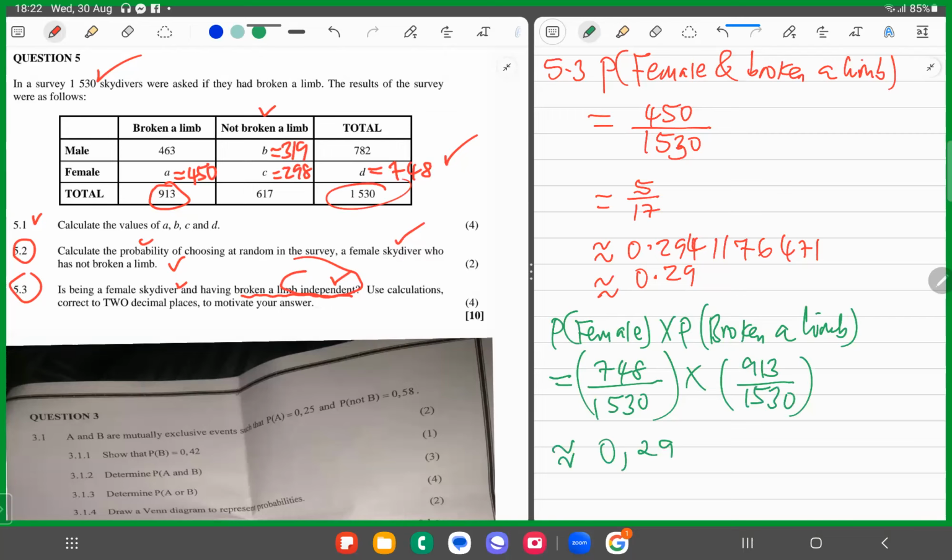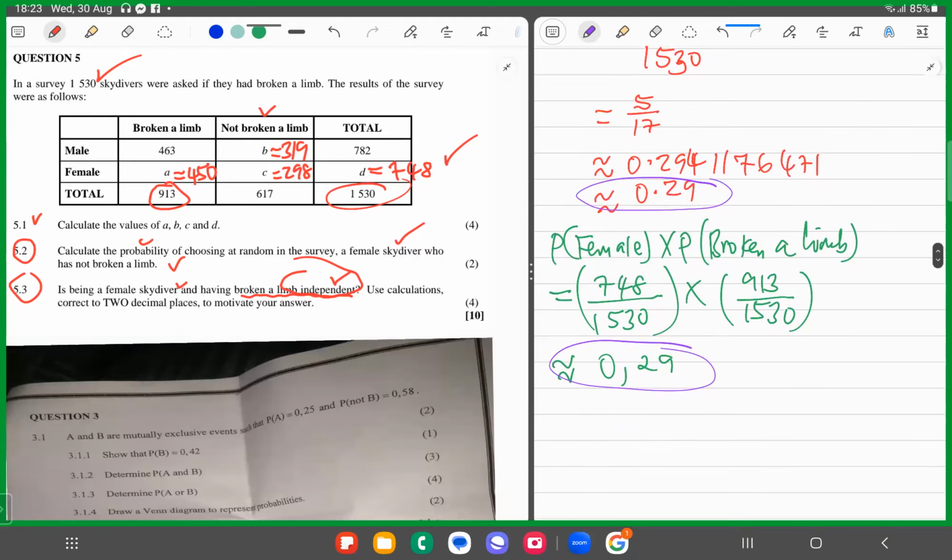Good news, so we can see something. We see that the probability is 0.29 there and 0.29 there. So the probabilities are the same. So the events are independent. And this becomes the conclusion.